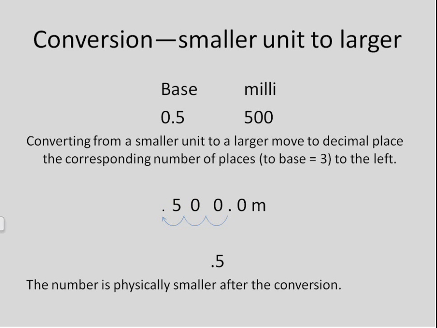Okay? Once again, going from a smaller unit to a larger unit, 500 milli. Bringing it back to the base, you have to move to the left, again, 3 places, because we're going from the smaller unit to the larger unit base. So moving the decimal point over the 3 places, so 0.5 base is 500 milli.